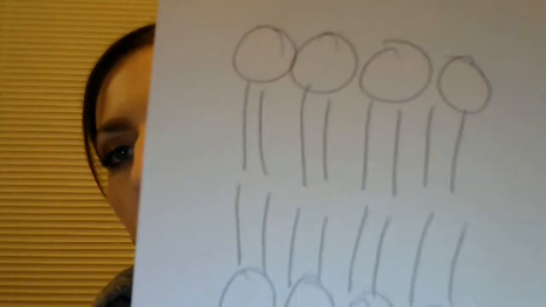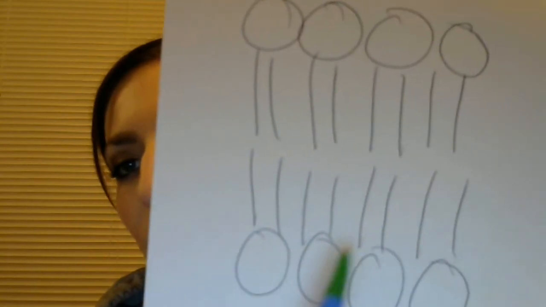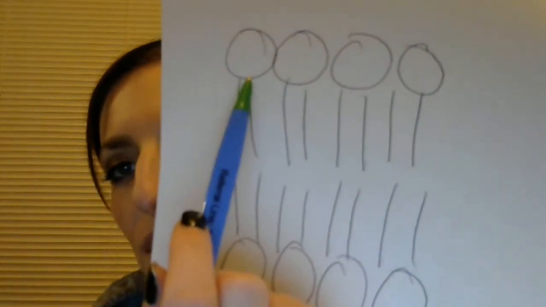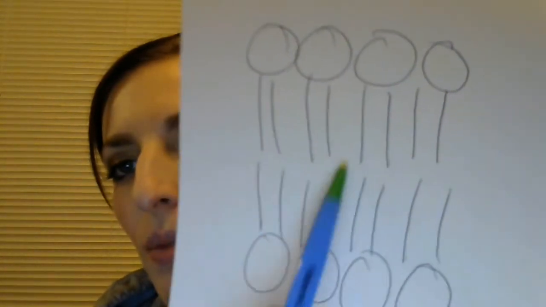Just in rough terms, let me draw you what it would look like. Okay, so hydrophobic tails aligning on the inside, hydrophilic heads. This would then be the inside of the cell, and this would be oriented to the outside of the cell. So you can see how this would be permeable.